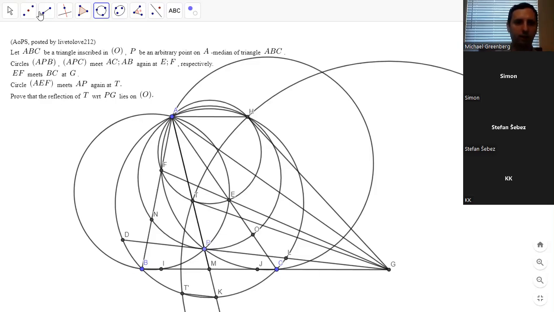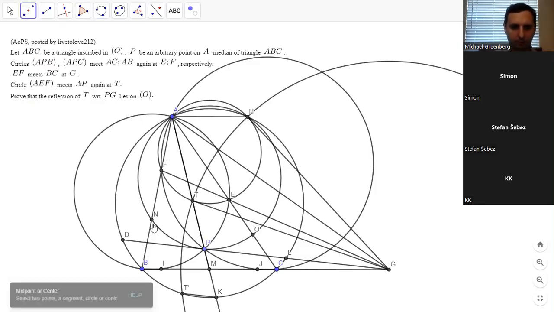Yeah, I guess I wonder, for example, let's say we have Q and R. Why wouldn't AQRP be cyclic? Because we have PBF and PCE are similar. Oh, but Q and R are not corresponding.